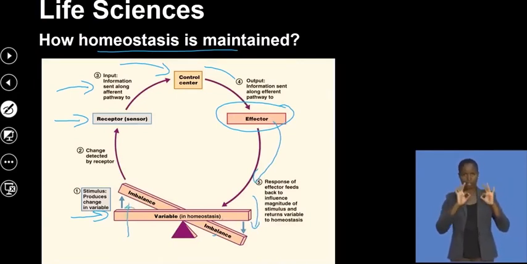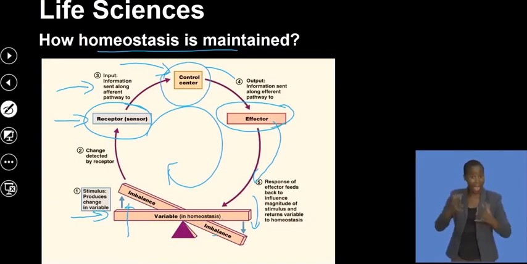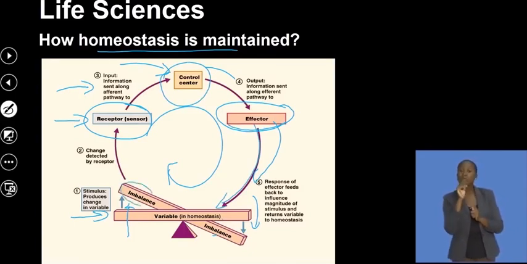So this cycle of events ensures that a stimulus is received. The control center responds to that by sending an impulse to the effector organ, thereby bringing about a change. And that change establishes what we call the balance, which was disturbed by a change in the variable.